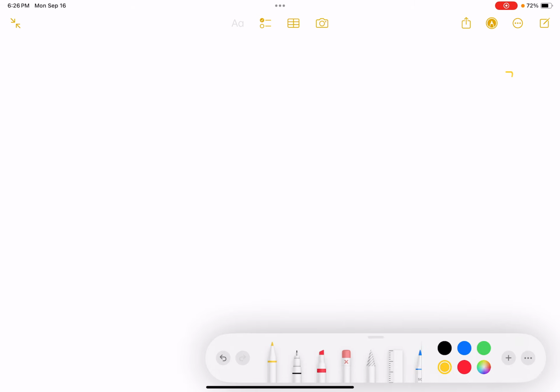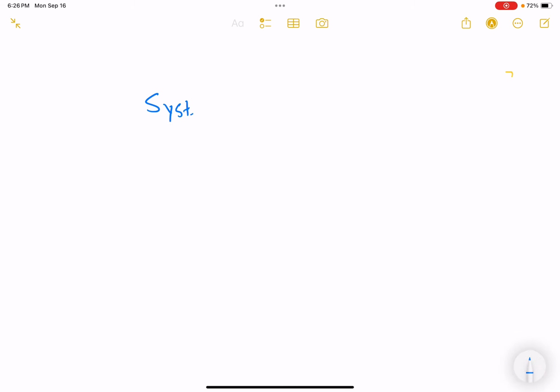Sliding over to slide number 28, you will note we are talking about systematic random sampling. And that is just known as every nth person. So if you take a look, I basically just say, hey, you pick a number.